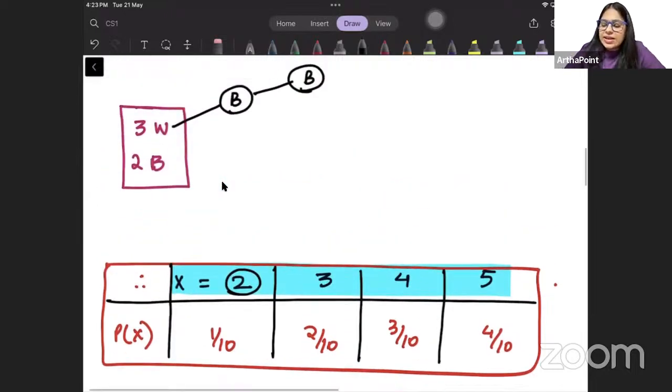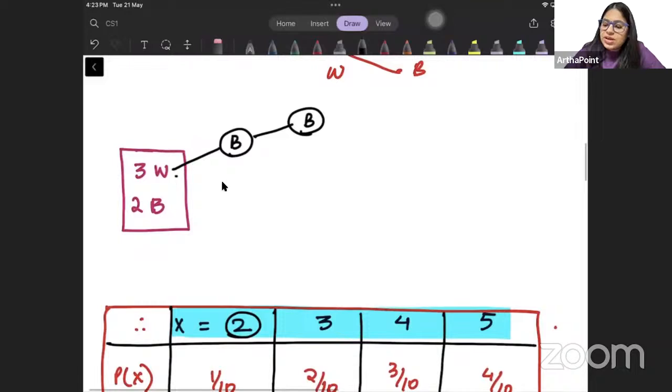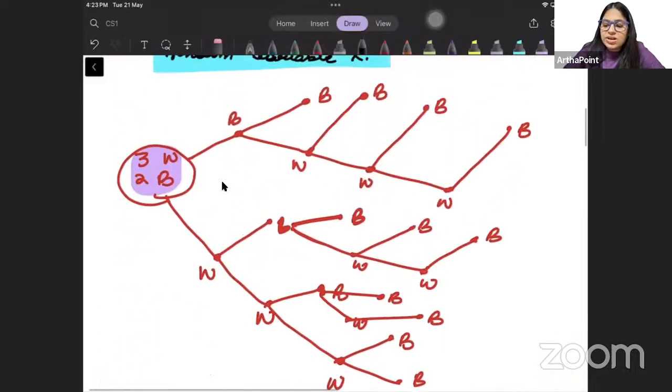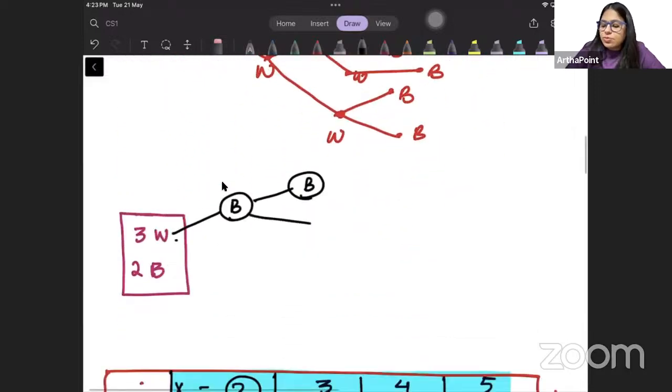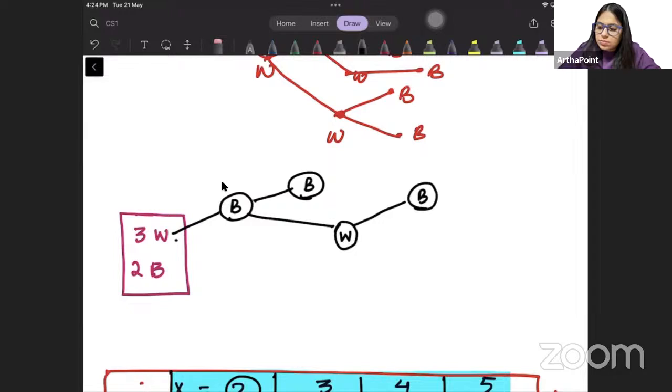The second thing that can happen is that I start by drawing a black ball, and then I draw a white ball. First a black came out, then a white. And after I draw a white ball, then I draw a black ball. So how many times? 1 ball, 2 balls, 3 balls. This can happen.